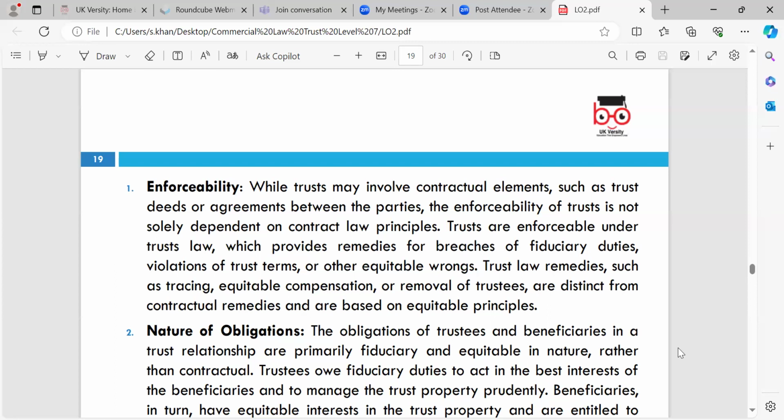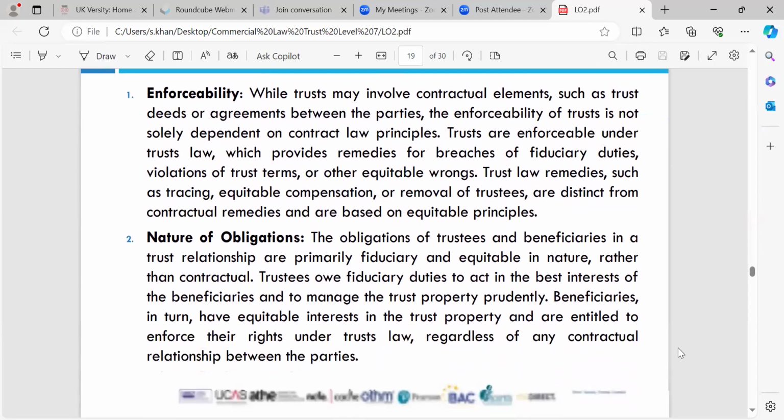Trusts are enforceable under trust law, which provides remedies for breaches of fiduciary duties, violations of trust terms, or other wrongs. Trust law remedies such as tracing, equitable compensation, or removal of trustees are distinct from contractual remedies and are based on equitable principles. The nature of obligations.